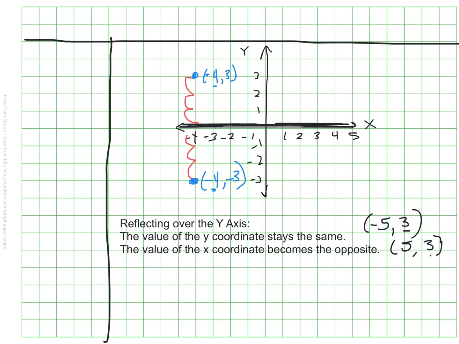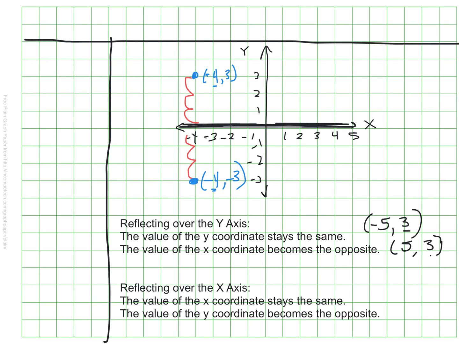Let's look at it again now as we reflect over the x-axis. When we reflect over the x-axis, it serves as our mirror. The value of the x-coordinate stays the same. On the other hand, the value of the y-coordinate will become the opposite.